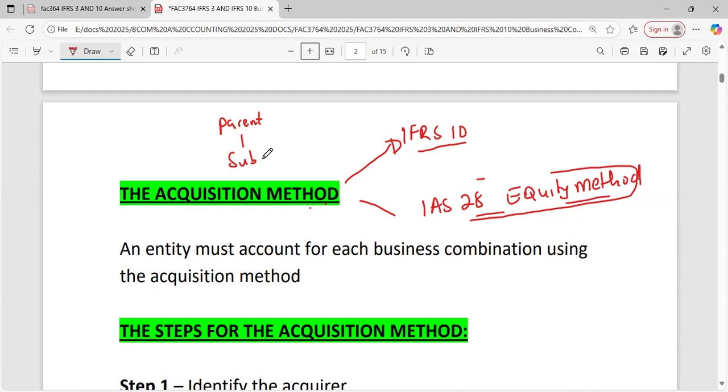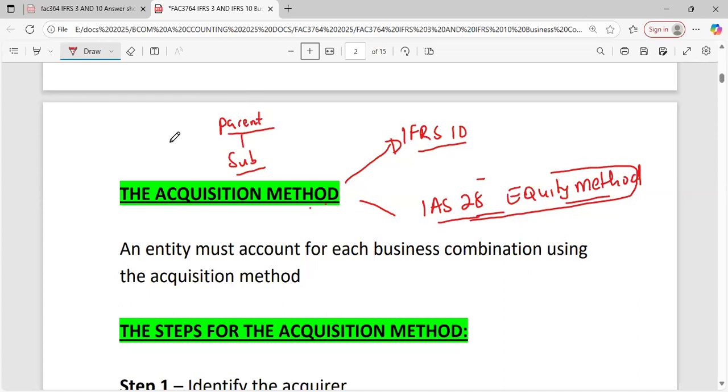So the acquisition method is a situation where we have a parent that takes over a subsidiary. You will see when you do your questions. I think we are going to do a question that will illustrate that after we are done with the topic on the equity method.